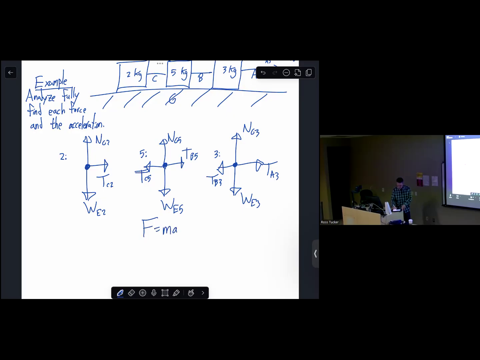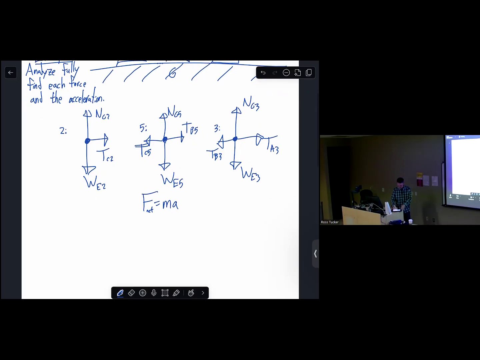The net force on an object is equal to the mass of that object times the acceleration of that object. TB5 minus TC5. You know the mass of the 5 kilogram object. It's 5 kilograms. You don't know the acceleration of the object. We leave it as a letter. Correct answer was TB5 minus TC5 equals 5A. Bang.